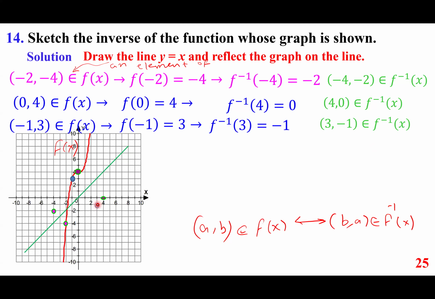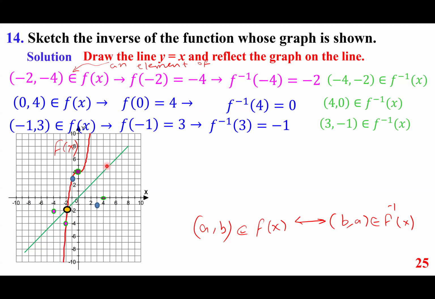One easy point that is important to understand is that if the function ever crosses the line y equals x, the other function must also cross there, because x and y interchange, and any point on the line y equals x has equal x and y coordinates.